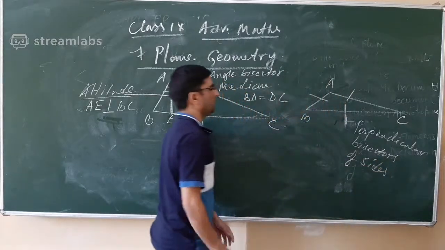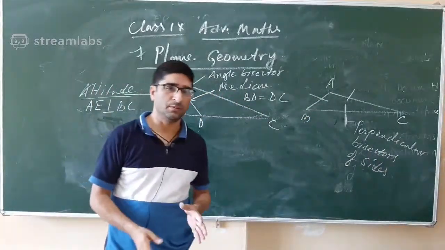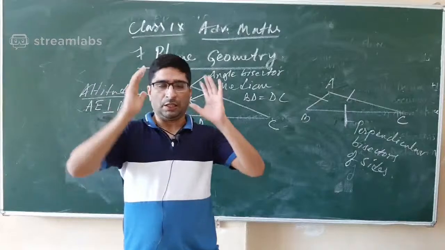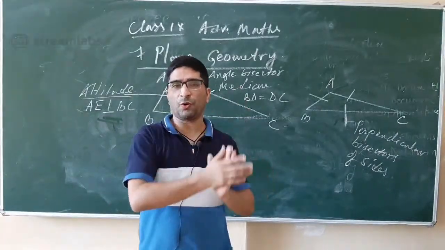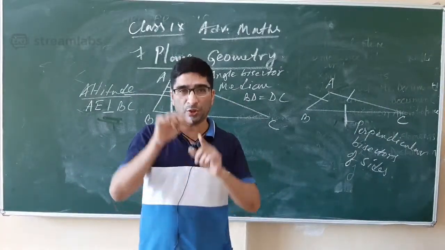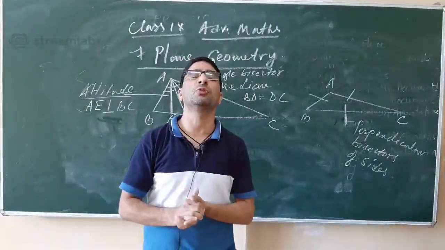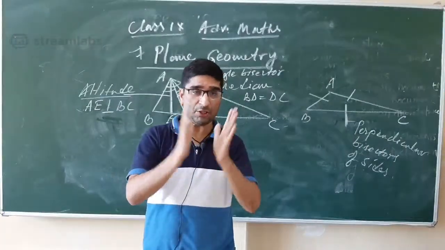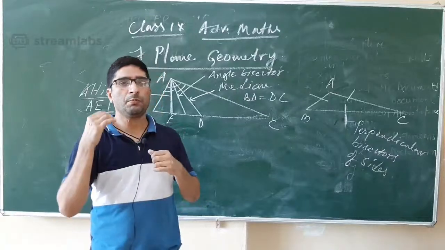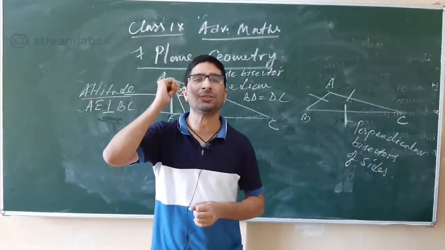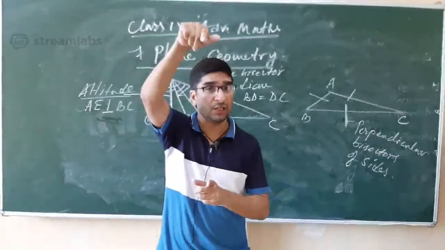So my dear, median means the line segment drawn from the vertex to the midpoint of the opposite side. Median divides the opposite side into two equal parts. Now altitude is always perpendicular to the opposite side from the vertex.